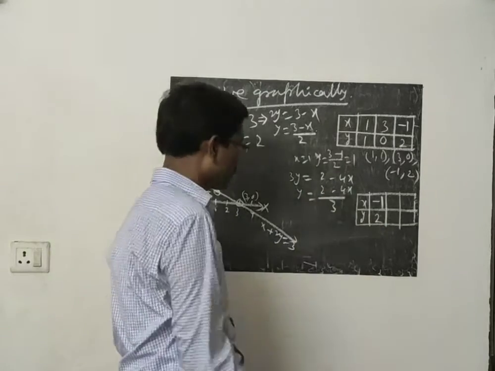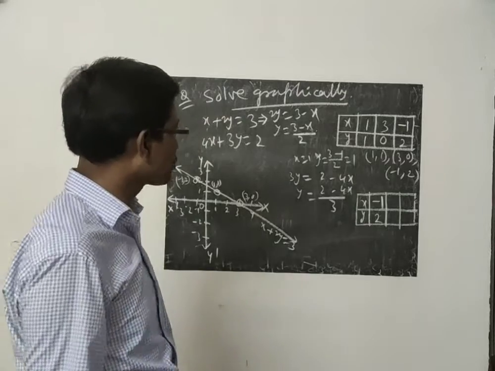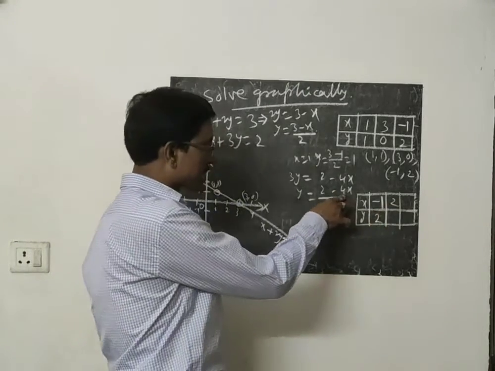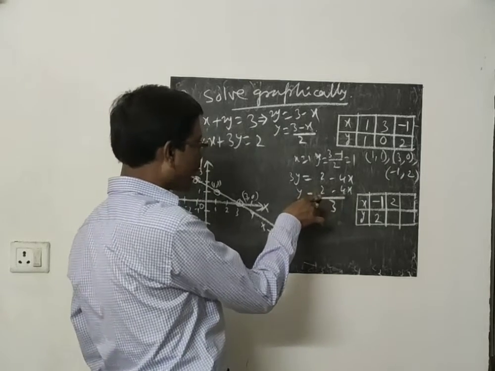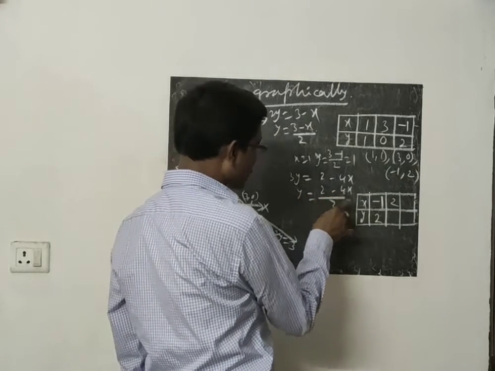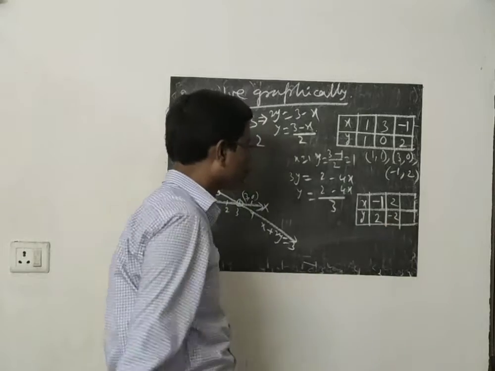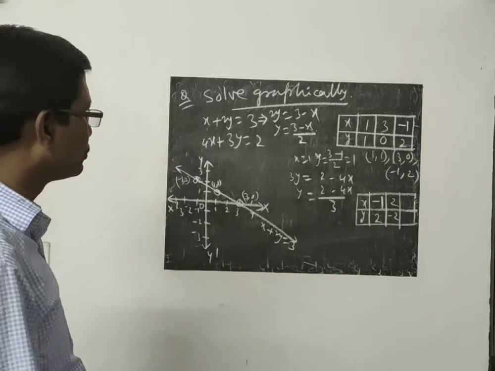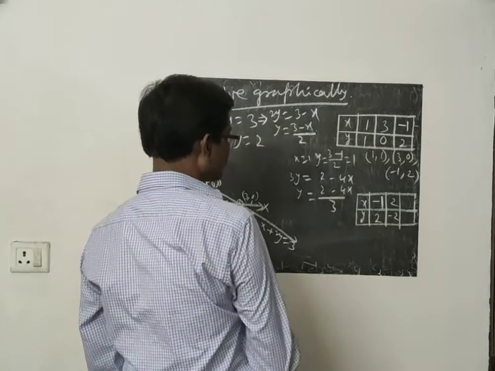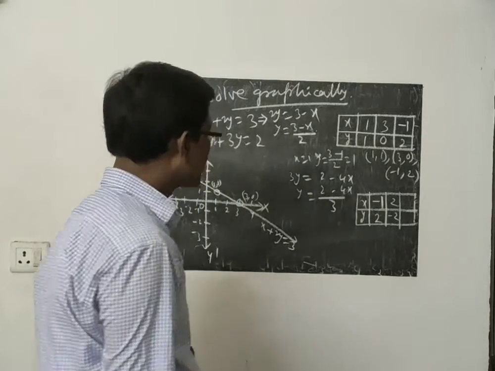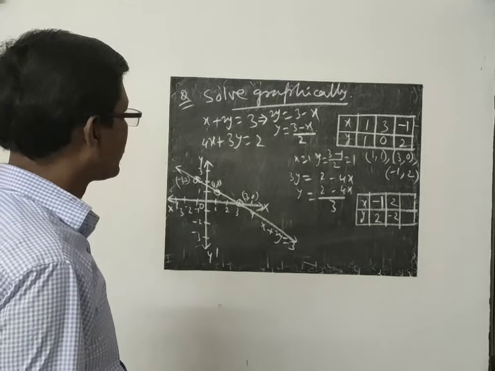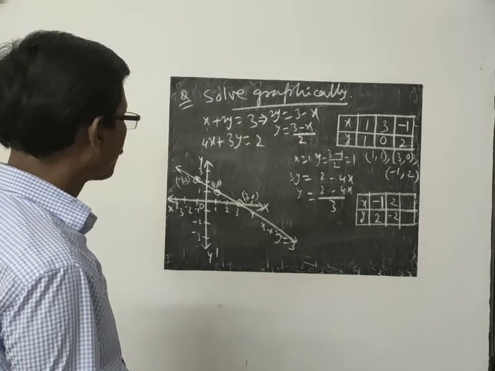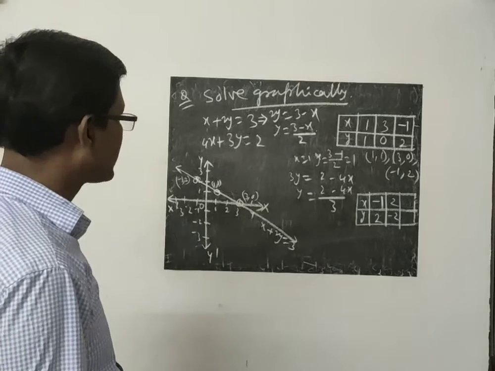Next, x equal to 0 will not work. Next, if we write x equal to 2, then minus 8 plus 2 means minus 6 by 3, so minus 2. And one more value you have to get, which must be cancelled by 3.